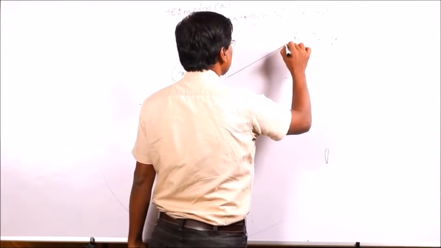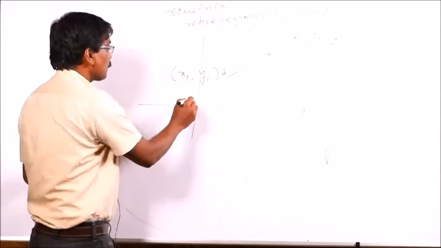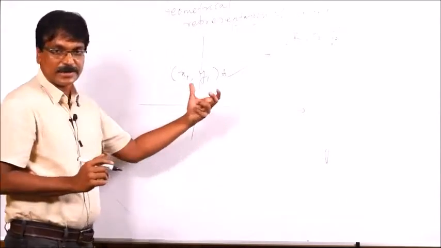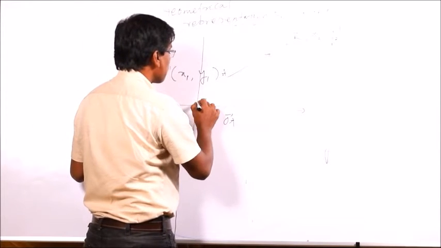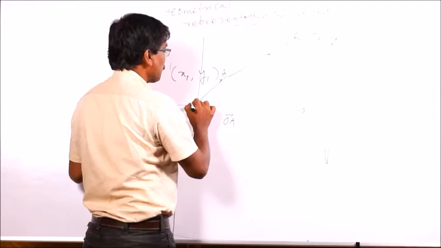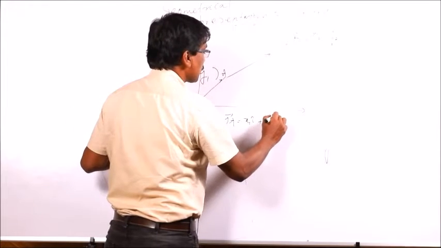So this is a line segment AB. Now the position vector of A is defined as OA vector, equal to x1 i cap plus y1 j cap.